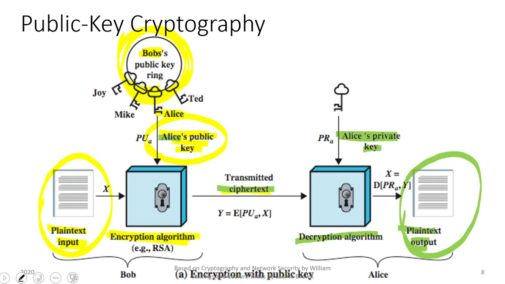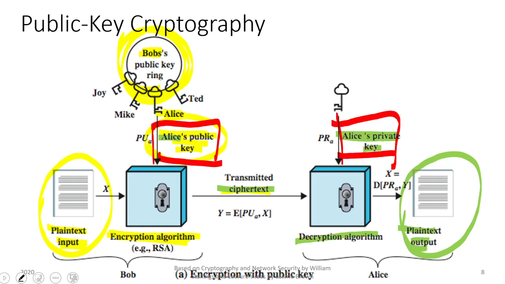Here, this public key and this private key are a key pair, both belonging to Alice. The public key is made available to everyone so they can encrypt messages and create the ciphertext, but the private key will only be available to the user it belongs to, and they can use it to decrypt any ciphertext that was encrypted using their public key.